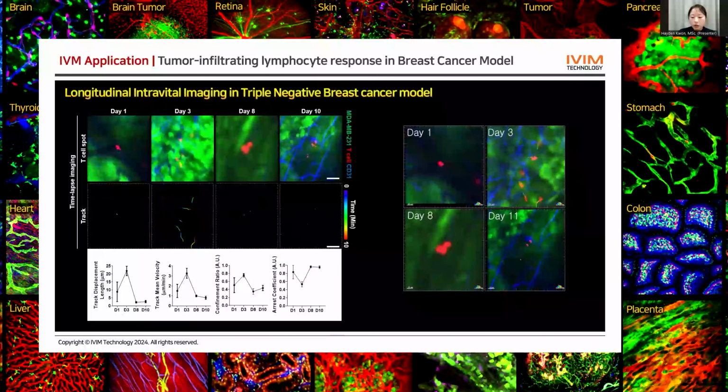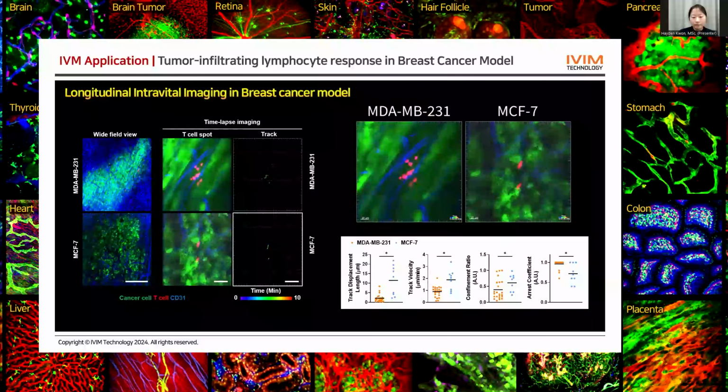In contrast to the allograft model, in the xenograft model, strong infiltration activity was observed on the third day, followed by a gradual decrease thereafter. Also, as shown, TILs exhibited higher activity in the MCF7 models.